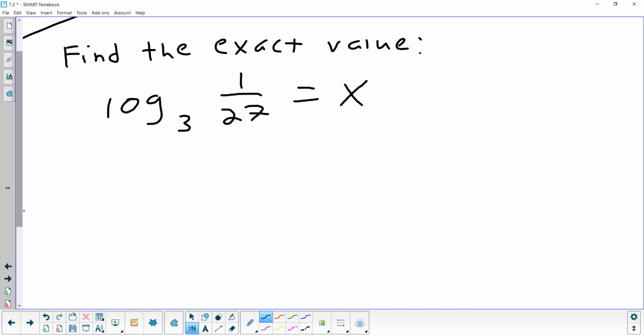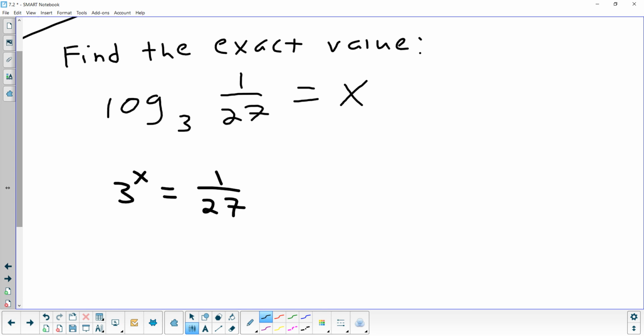Log base 3 of 1/27 equals x. Okay, log base 3 of 1/27 equals x. Pete? What is it, 3 to the x equals 1/27? Yes. 1 over 27? Yep, 1 over 27. Well, that is 1.